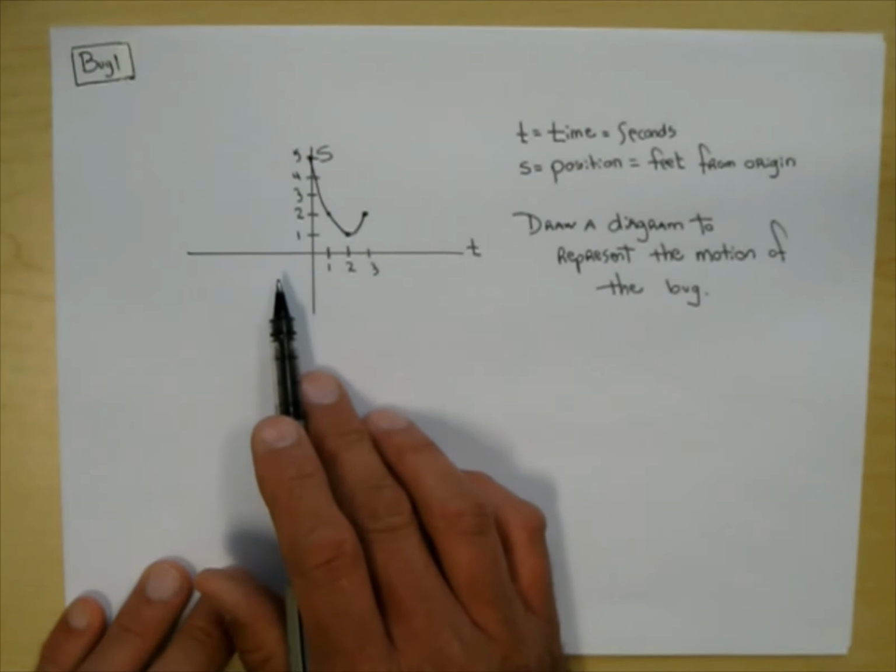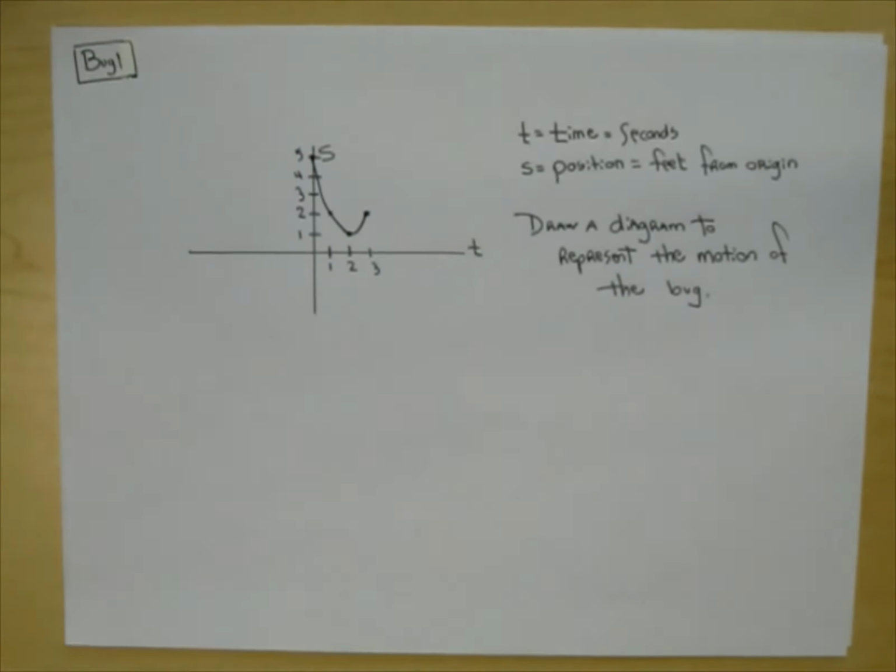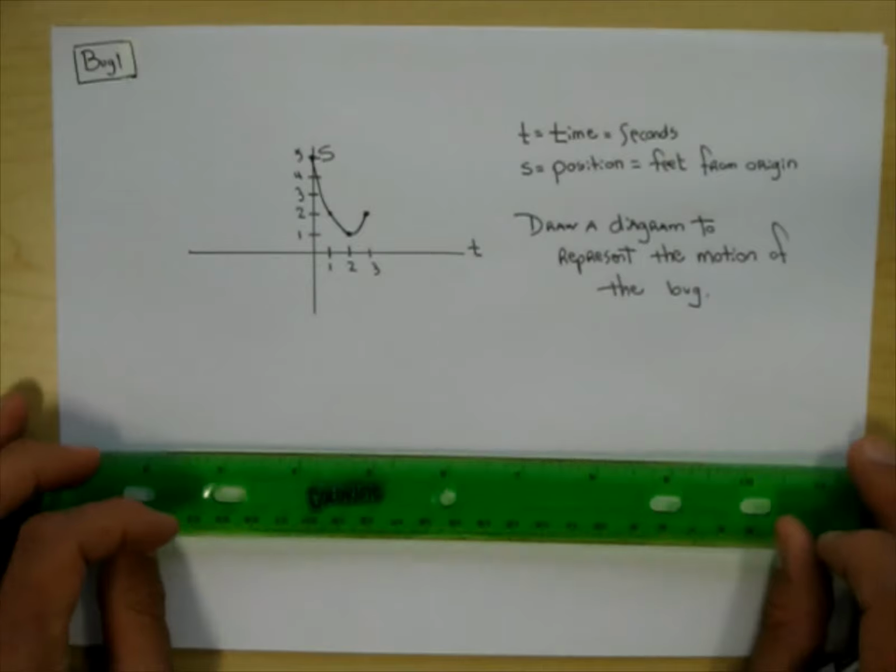It's from the origin on a number line. So the bug is walking on a number line. And what they want us to do in this problem is draw a diagram to represent the motion of the bug. And so let's go ahead and do that.